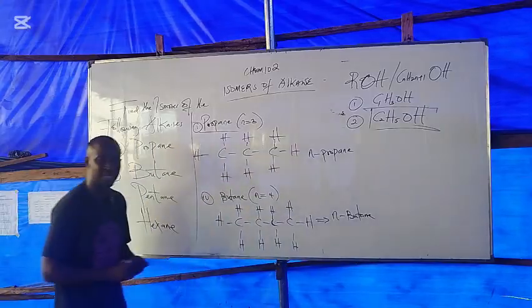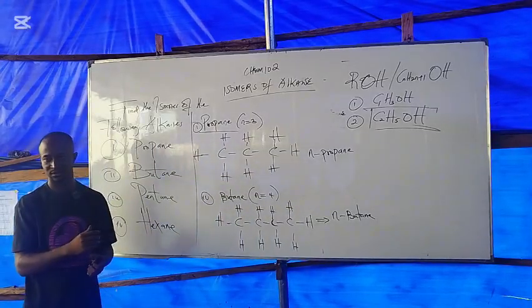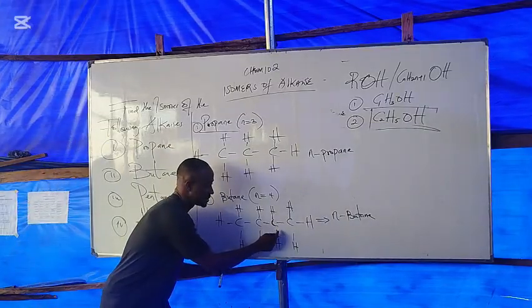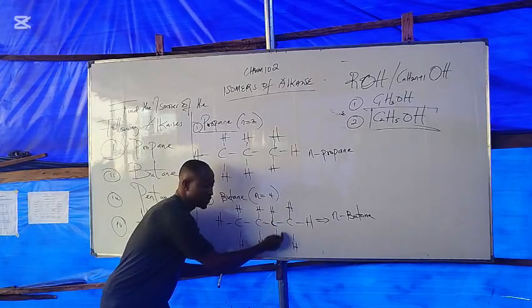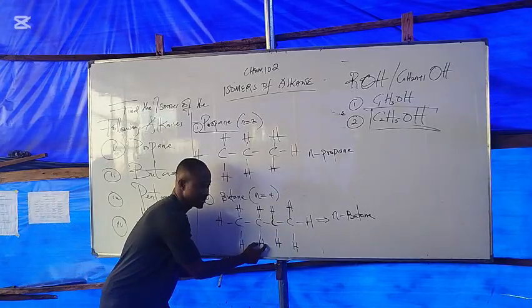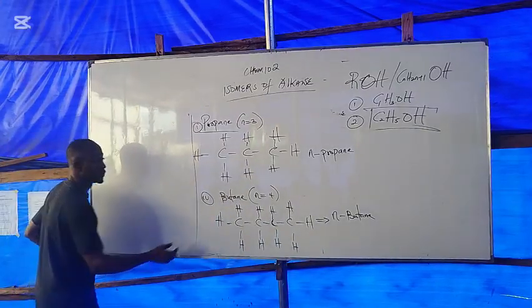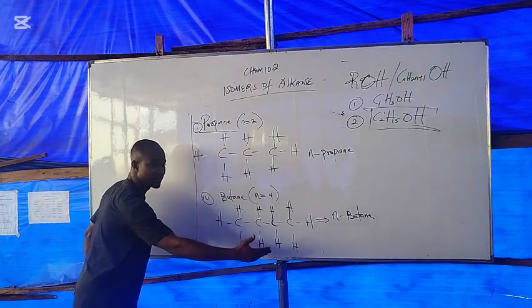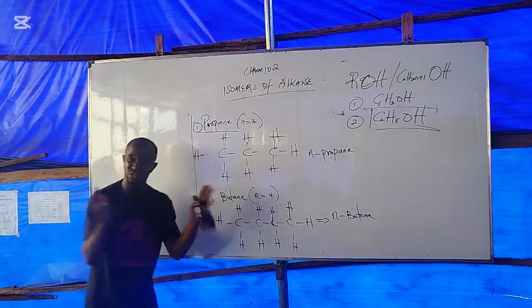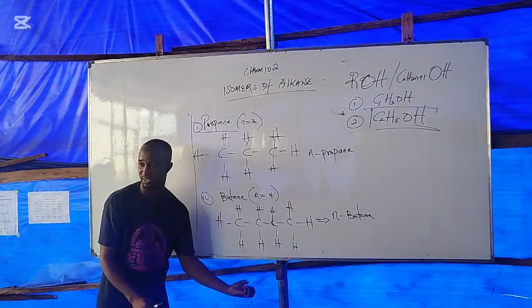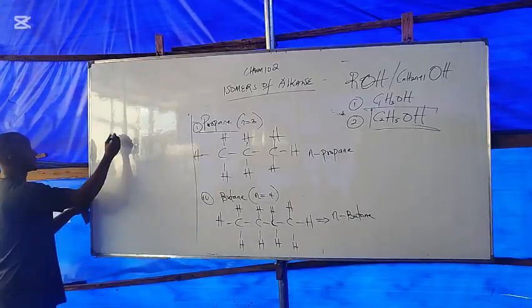Now, how do we generate the second isomer? By creating a branch. I can remove this carbon atom here and place it here. How many carbon do we have here? 4. To generate the second isomer, I'll look for a means to reduce the number of carbon and create a branch from there.